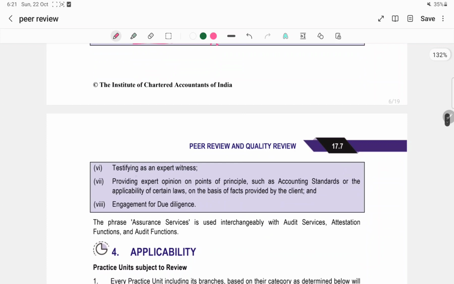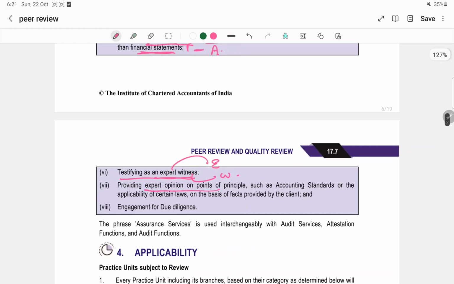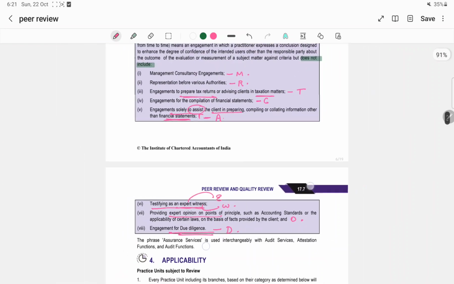So you can remember from A. As an expert witness you can remember from E for expert or W for witness. Then expert opinion you can remember O. Due diligence you can remember D.